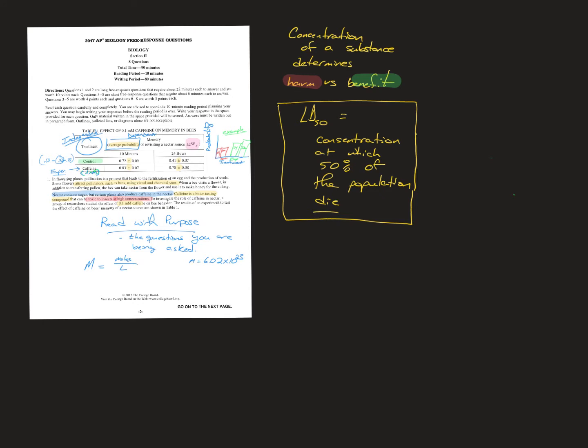But there is a key here, and this is just a personal point: every chemical has a concentration at which it becomes deadly. There is no completely benign chemical. There's nothing that you can take at any concentration and consider yourself safe to do so.